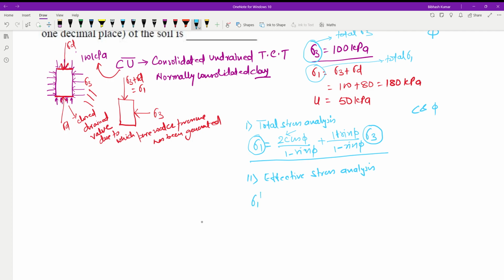This relation will hold true between sigma 1 and sigma 3, but these two parameters should be in effective stress, that is sigma 1 dash is equal to 2c dash. This is the effective shear strength parameter, that is c dash and phi dash.